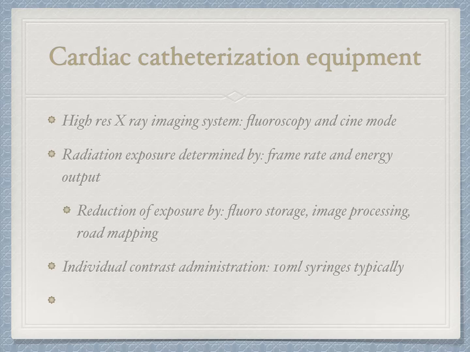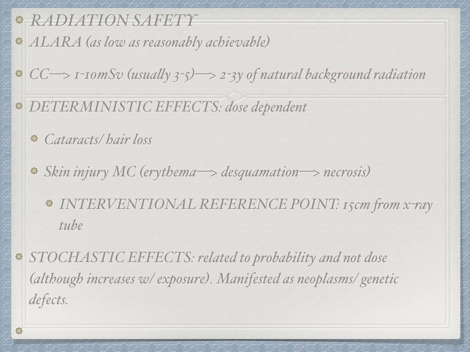The reduction of exposure can be done by fluoro storage, image processing, and road mapping. This means that there's less exposure, and the hemodynamicist or the specialist will see the images without exposing the patient to more radiation. Individual contrast administration is usually given in 10 ml syringes, but if you need to fill the whole ventricle, you'll use more than this.